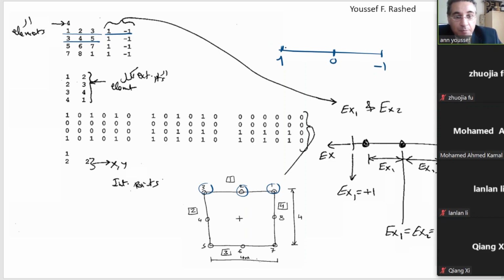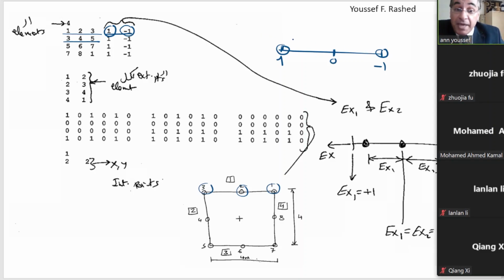So when the point is here, it is at 1, and when we have my node here, it is at -1. So in a discontinuous element, I can put this one at 0.7 and this one at -0.7 or something like that. We'll see in a while.